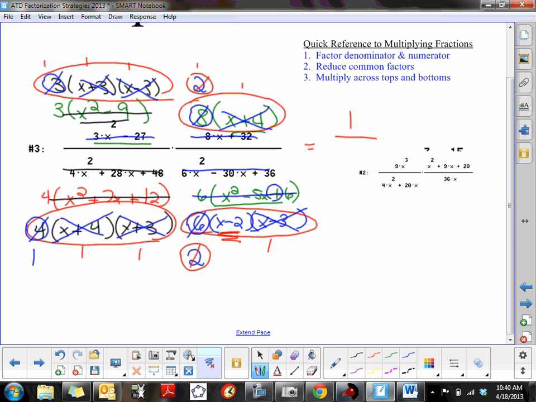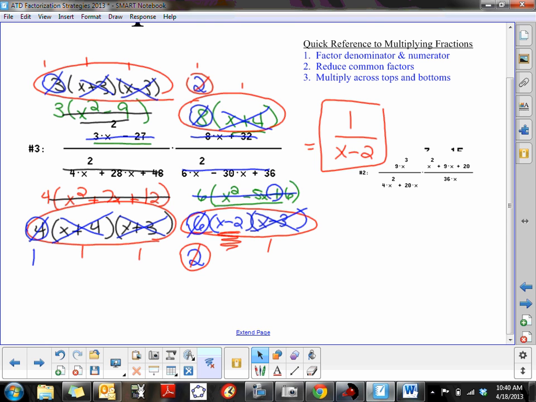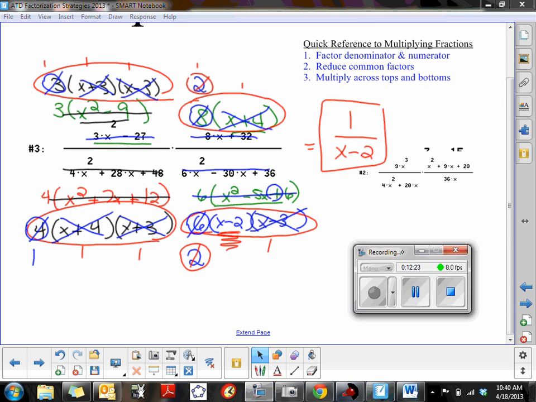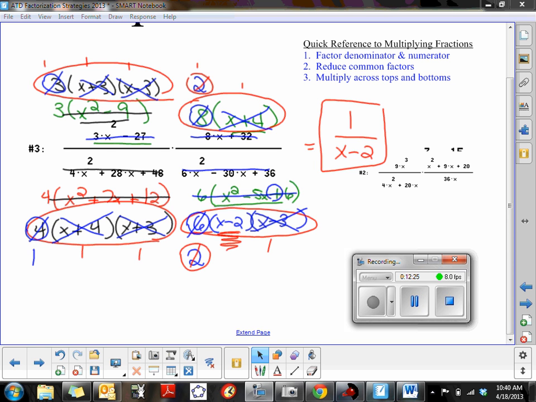It's this thing right there. It's the only thing that didn't get reduced. X minus 2. You should expect to find a lot of common factors here, things that are identical. All right, that's my story. That's what I think we need to do. Factor first, reduce common factors, multiply across. Simpler than the others.